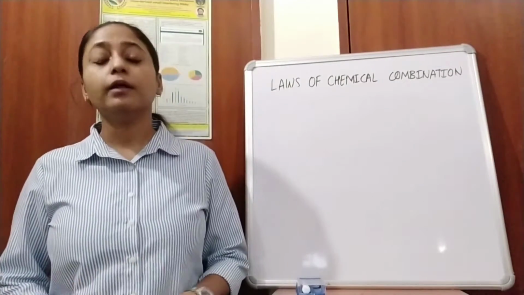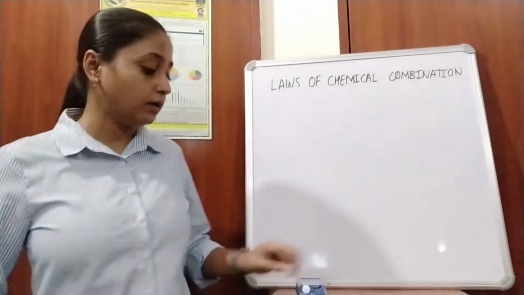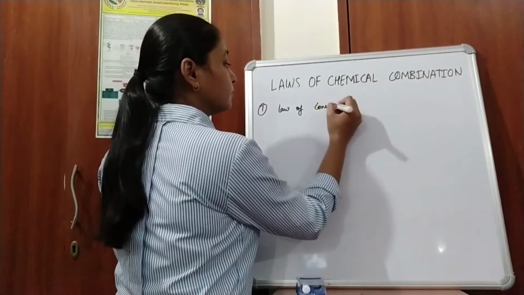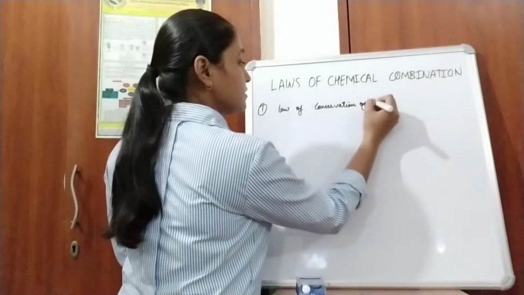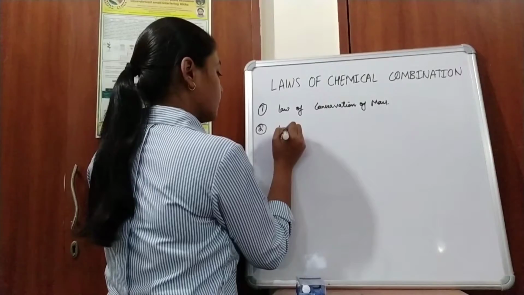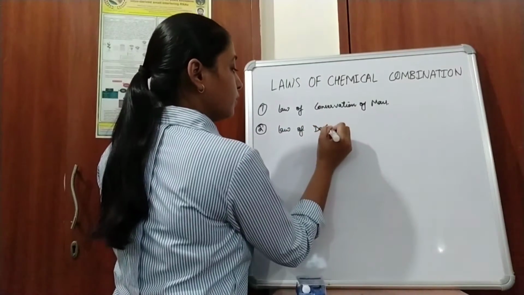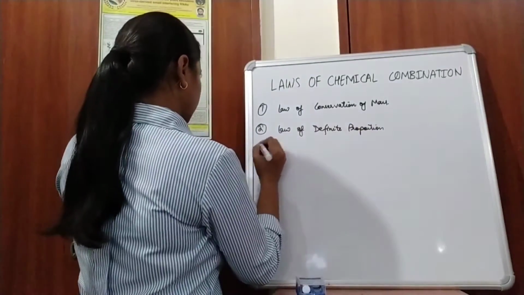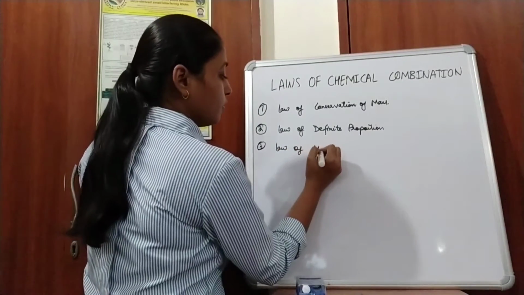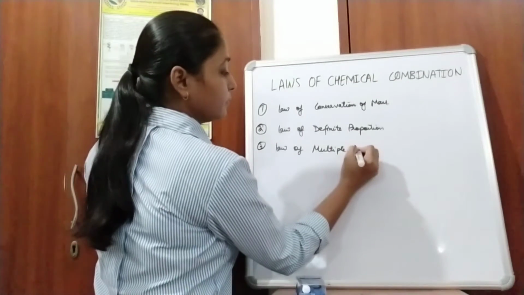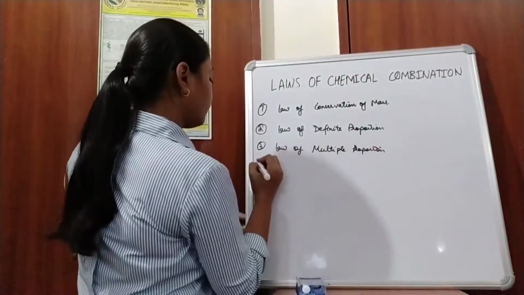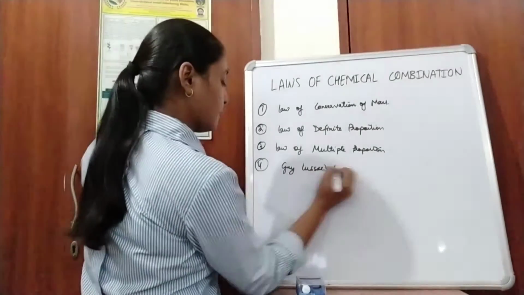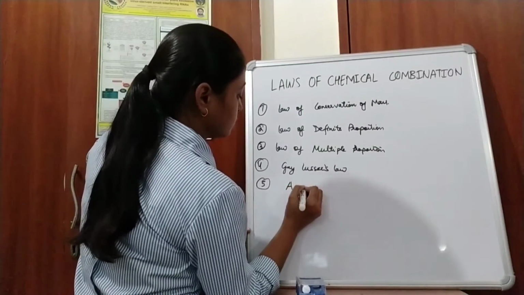So in total there are 5 laws of chemical combinations, and these are law of conservation of mass, law of definite proportion, law of multiple proportion, fourth is Gay-Lussac's law, and fifth is Avogadro's law.